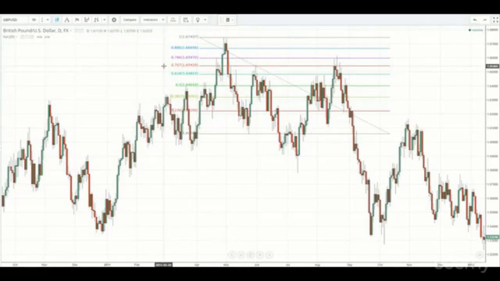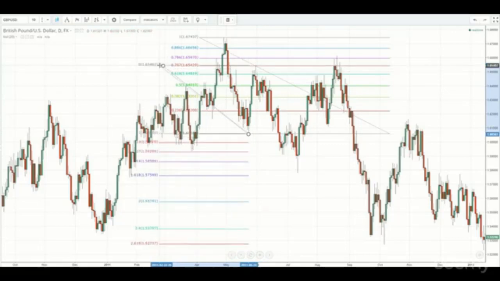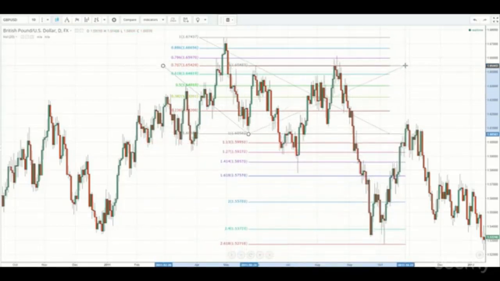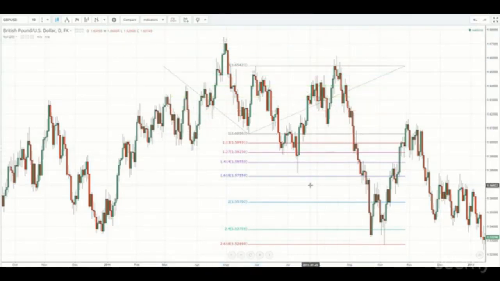So I'm just going to make this a little bit wider so you can see it easily. We'll take from the top of the BC leg, which this is even with, and go down to the bottom to the B point, go right back up to the C point, and look for where the extension comes into play.